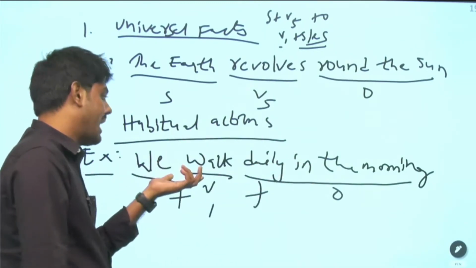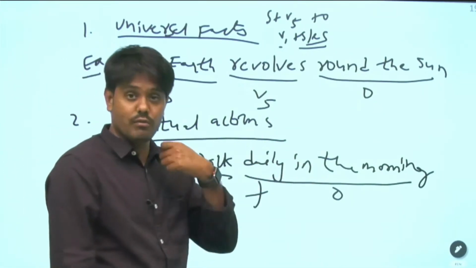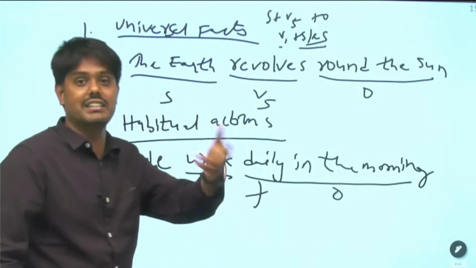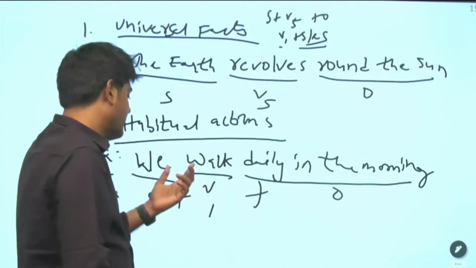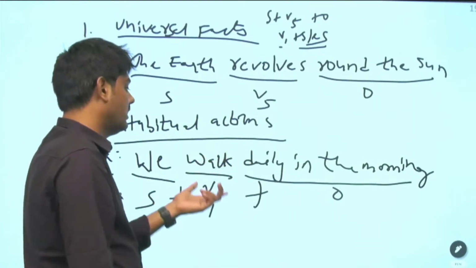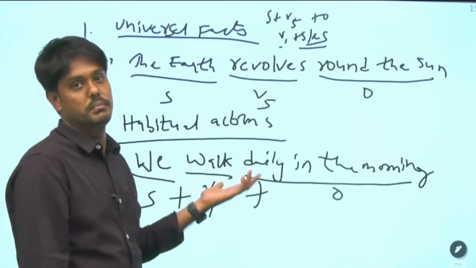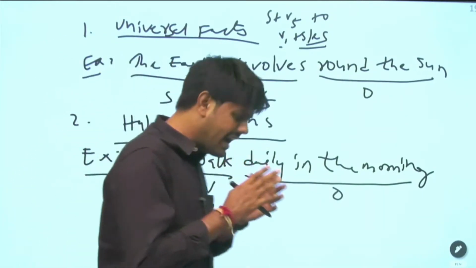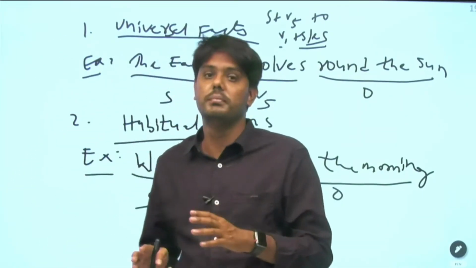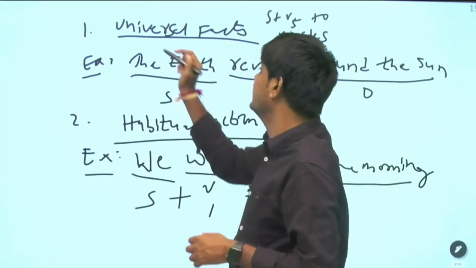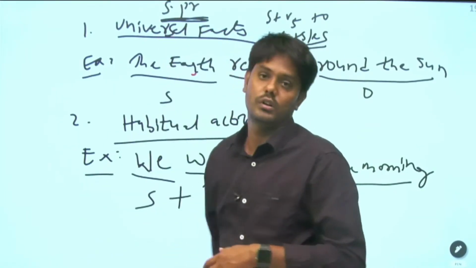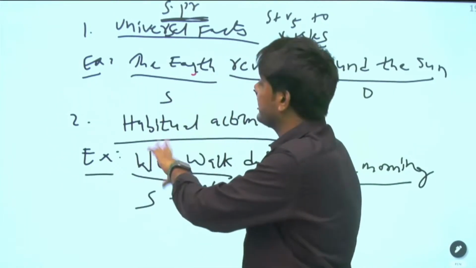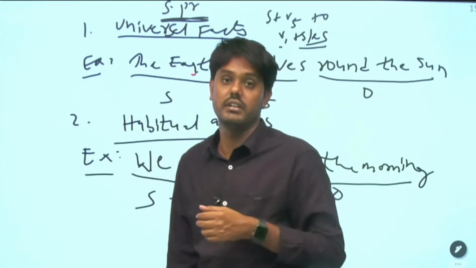And here the habitual action, what is the habitual action? Walking. When you are walking daily in the morning, that is a habitual action. So here the habitual action example is also in simple present tense only. All the habitual actions should be expressed only in the simple present tense. This is the second usage of simple present tense.